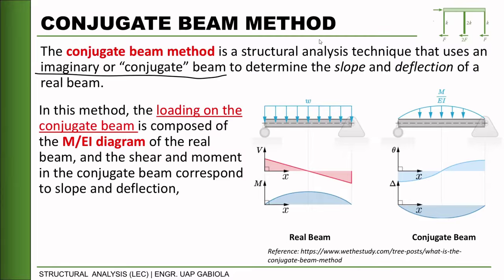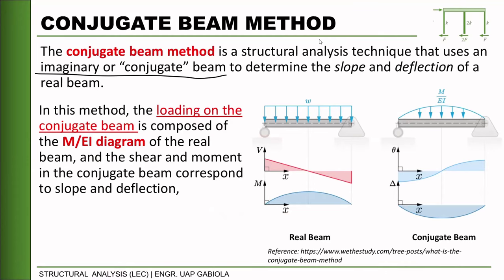So, we create a fictitious beam that we call the conjugate beam. This conjugate beam has the same length as the real beam. But here, the bending moment diagram divided by the flexural rigidity, or the M over EI diagram of the real beam, is loaded onto the fictitious beam, which is our conjugate beam.